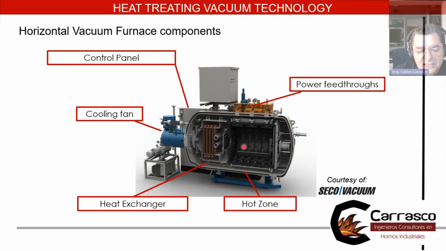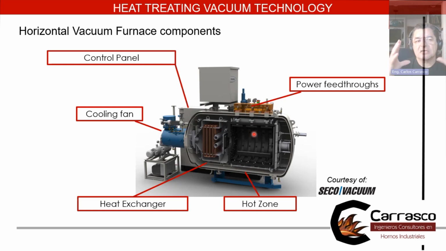In the back of the furnace, the hot nitrogen goes through a heat exchanger where the heat is removed. The heat exchanger is connected to an external water system I will show you. And then the fan moves the cooled nitrogen back to the heating zone through nozzles which are arranged 360 degrees around the load to cool the part evenly.